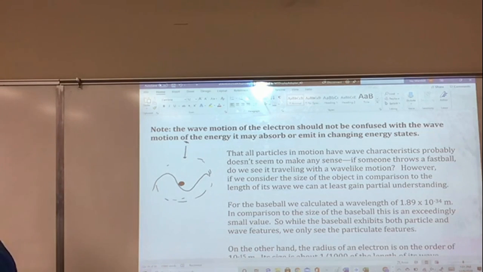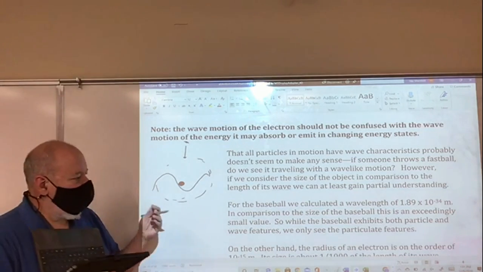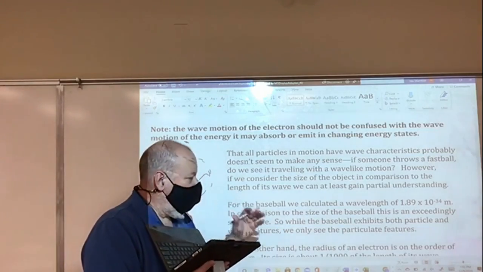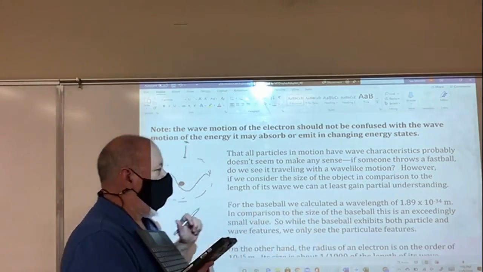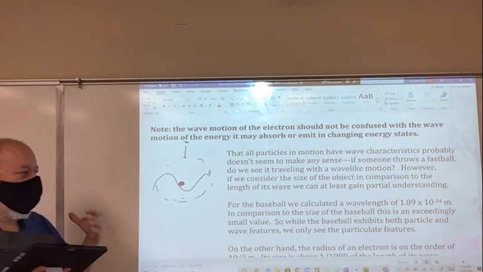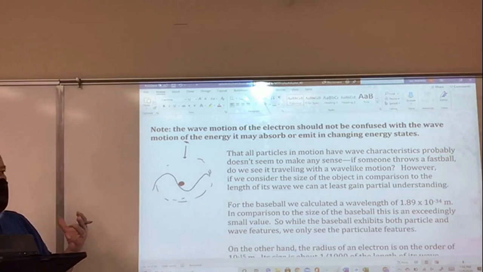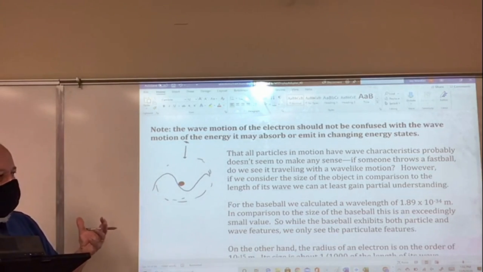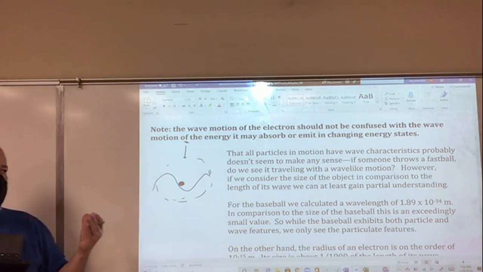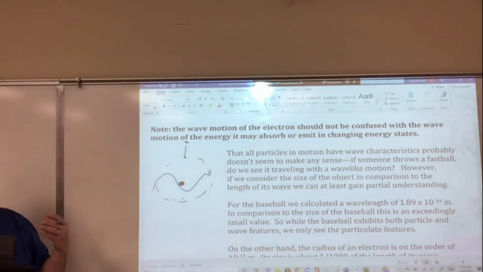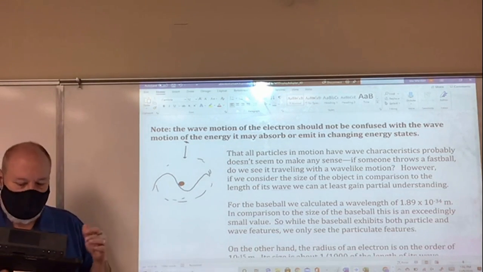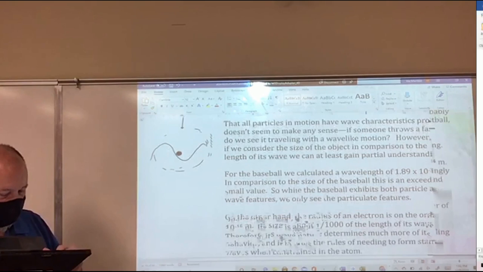Okay, and that's the way to look at this. What is the nature of the particle feature versus the nature of the wave feature? And the bigger the particle is, a baseball or a planet, the smaller its wave is going to be, and so the more the particle nature dominates, and that's what we observe.